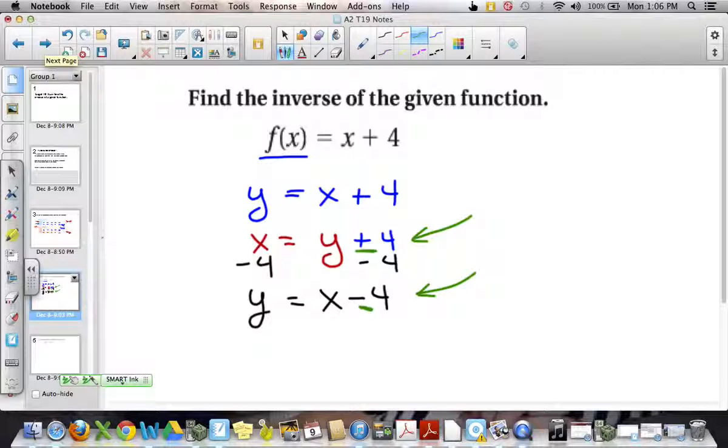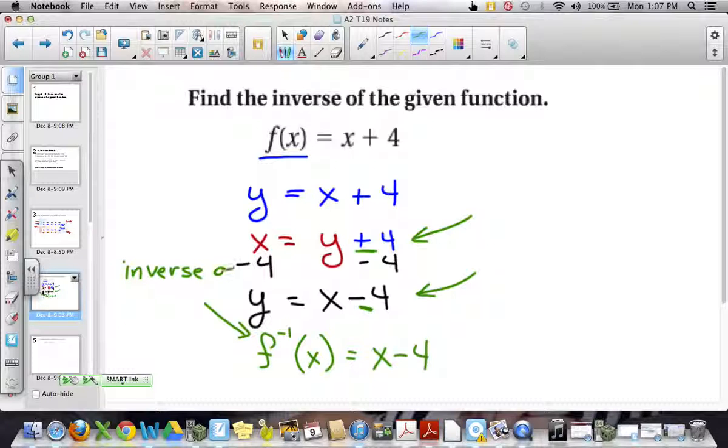Now, when the inverse relation is in fact a function, we use this notation to represent the inverse function. We write f to the negative 1 of x equals x minus 4. This f to the negative 1 power is read as the inverse of f of x.